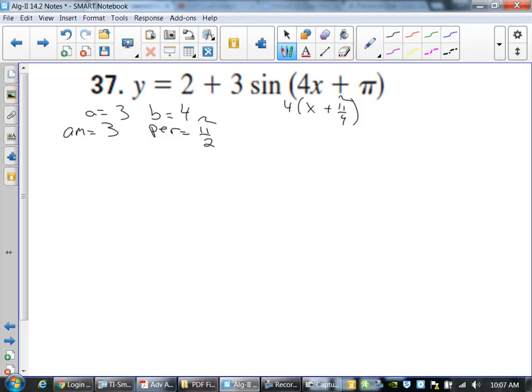So you have to move to the right. Excuse me, left. So your H is negative pi over 4, and your K is 2. So you're going left, up. The trick here is that it's moving left because you have the plus pi in there.